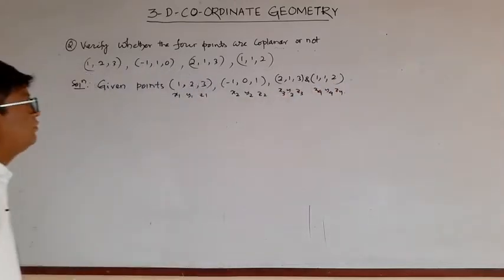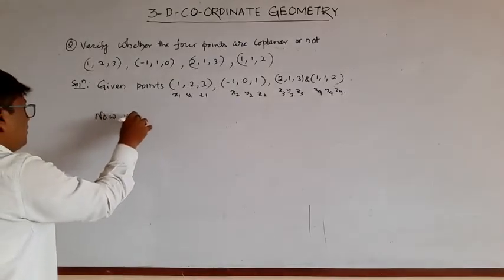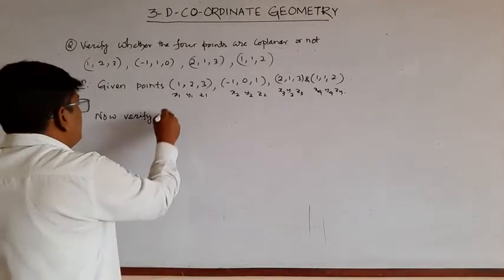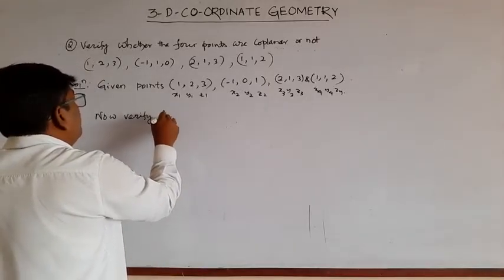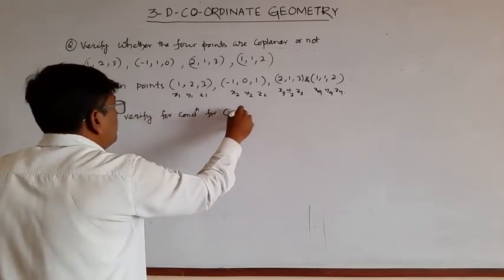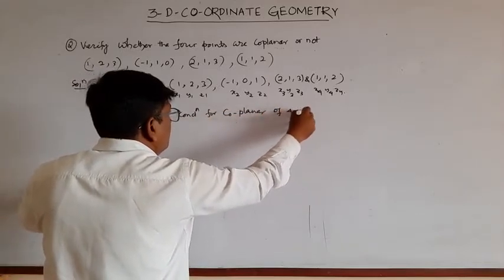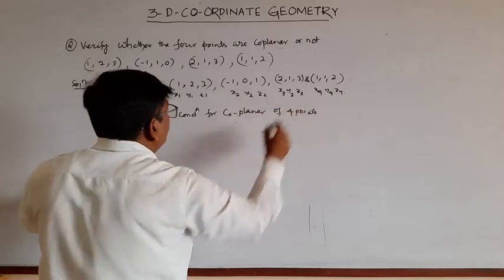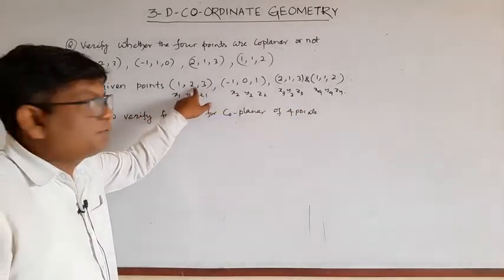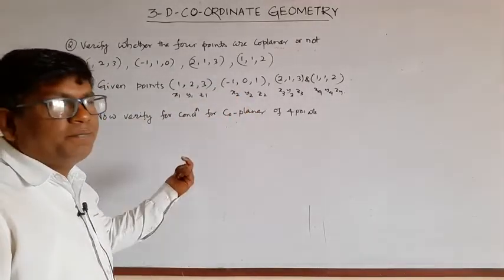Now verify by the condition for coplanarity of 4 points. We can do it in two methods. Find the equation of the plane passing through 3 points, and use the remaining point in the equation of the plane.